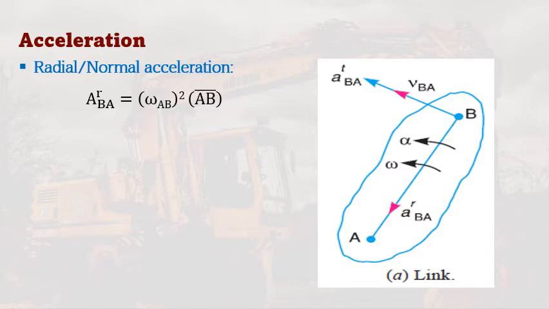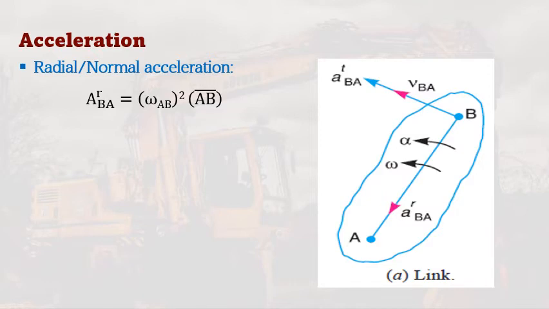Since point B moves with respect to A with an angular velocity of omega, its centripetal or radial component of acceleration with respect to A is this line that you can see. This radial component of acceleration acts parallel to the link AB.